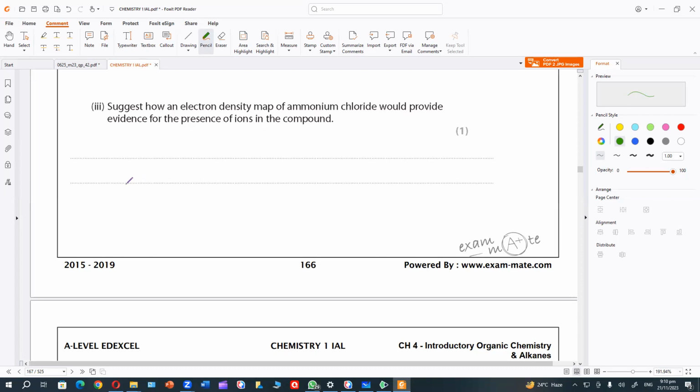Because this is an ionic compound, ammonium chloride would be ionic. So I can make one circle for the ammonium ion and a second circle for the chloride ion, and then make lines around it.